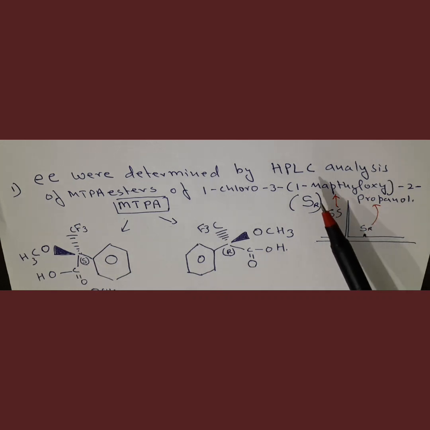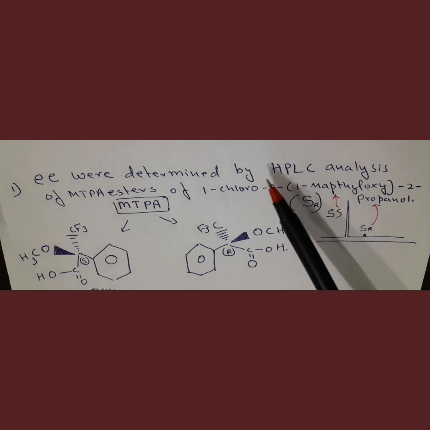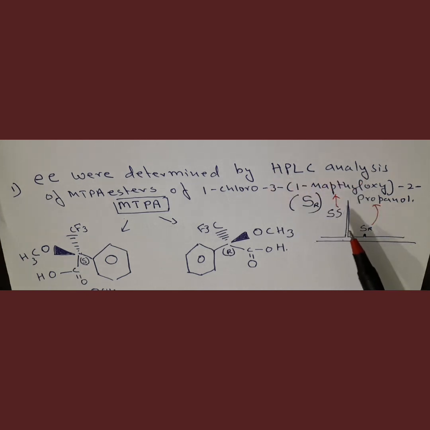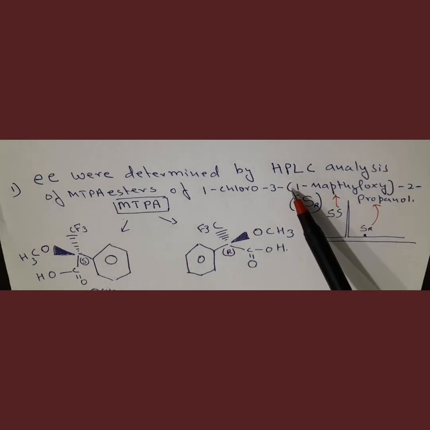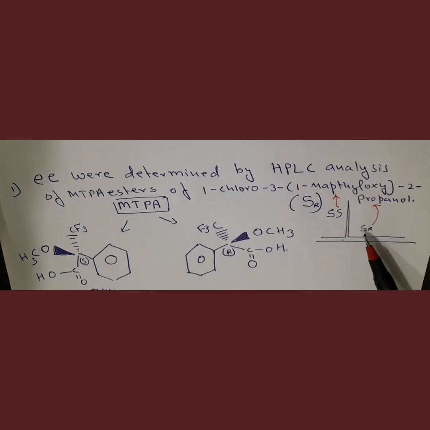Once you make a diastereomer of a chiral molecule, it becomes easier to separate on an HPLC column. So we inject the diastereomers that we have synthesized into the HPLC column, obviously a chiral column. This chiral column can differentiate both diastereomers, and as a result we get two separate peaks for both.